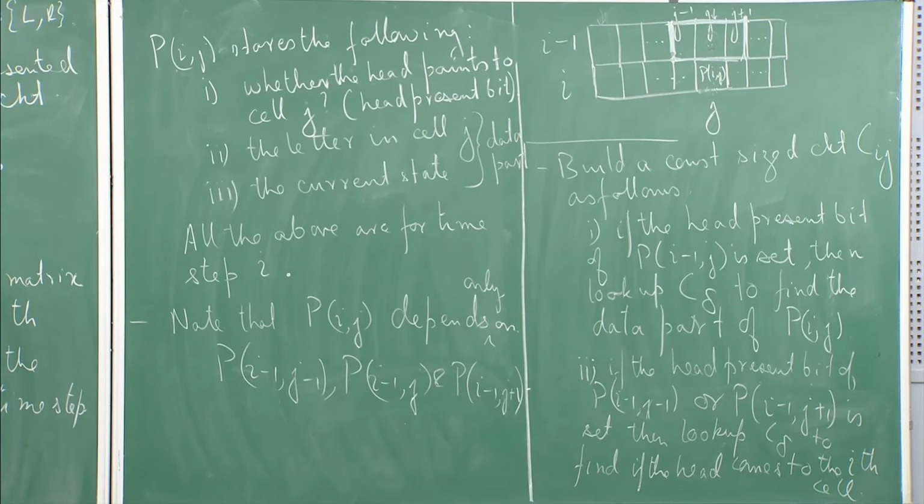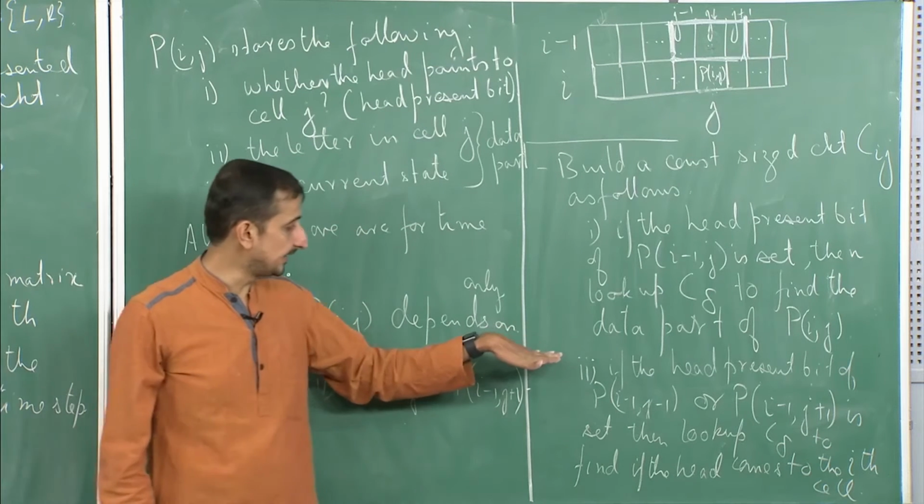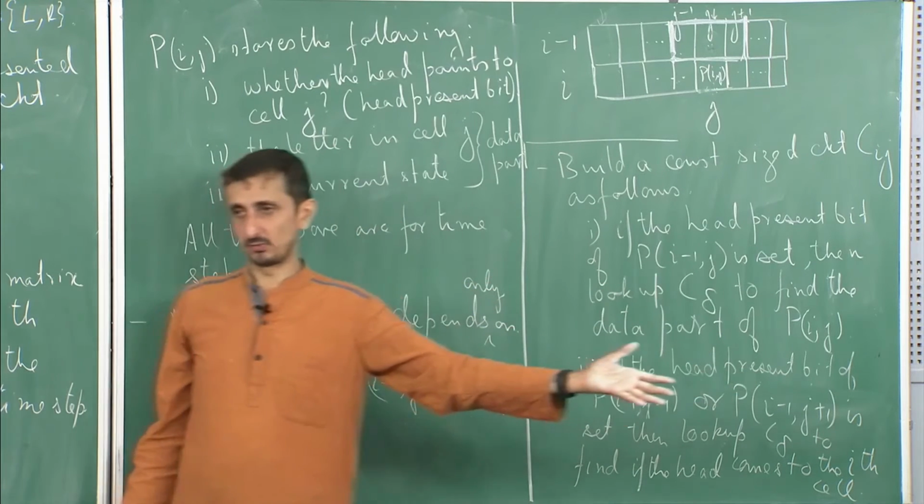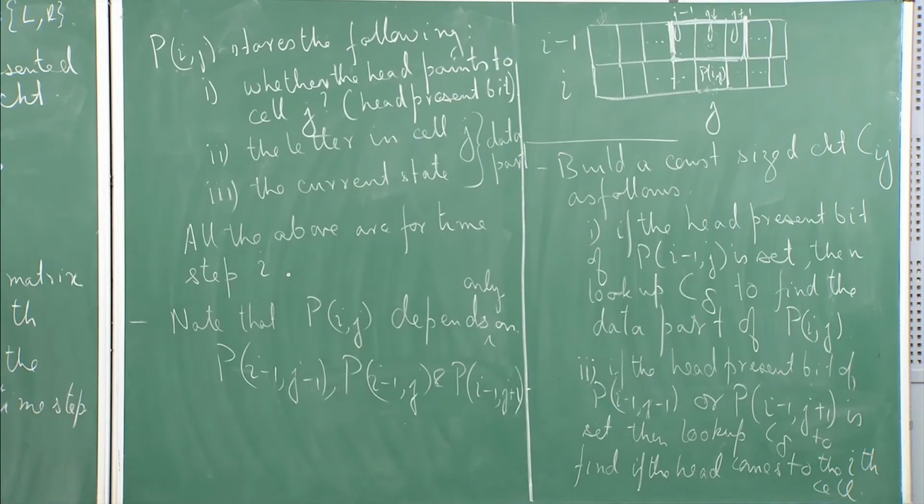So, now what remains? Here what we are doing is kind of an iterative step. To get P i j I am looking at P i minus 1, but how do I get the contents of the first row? There is no 0th row. The contents of the first row will be basically dependent on the input.